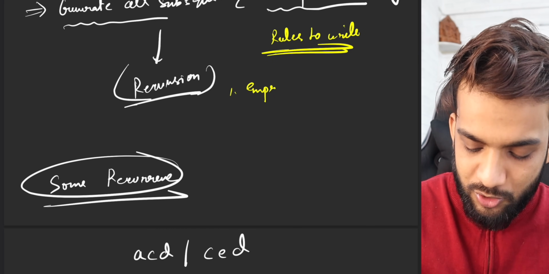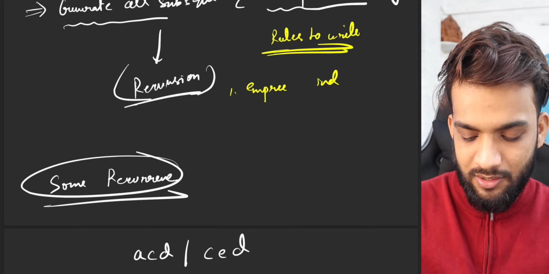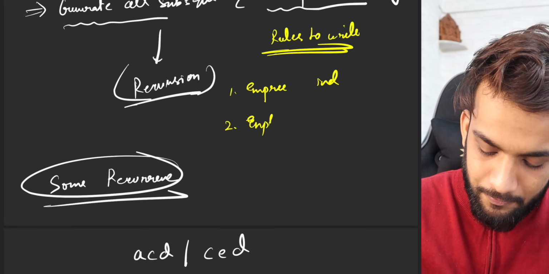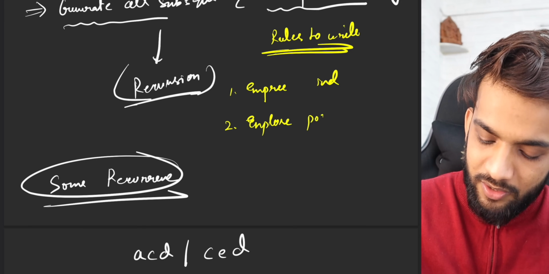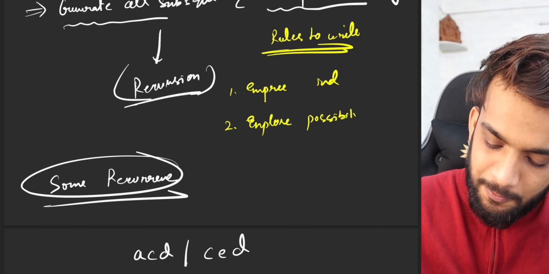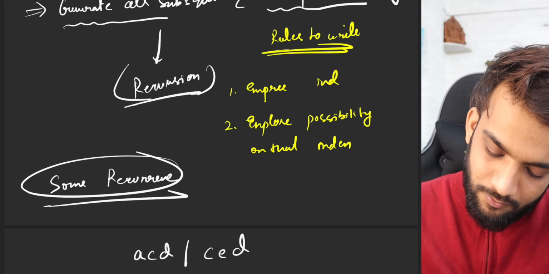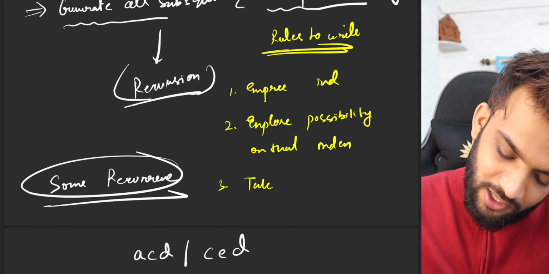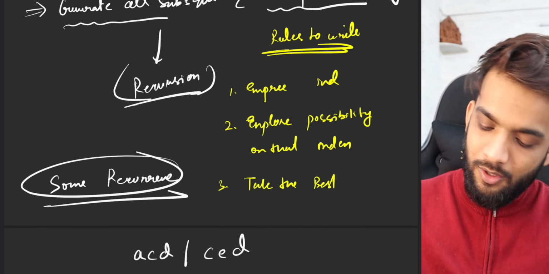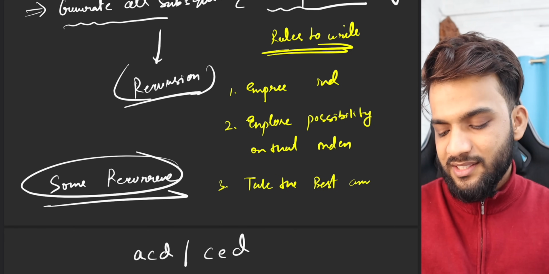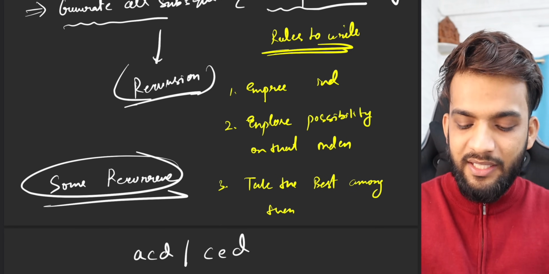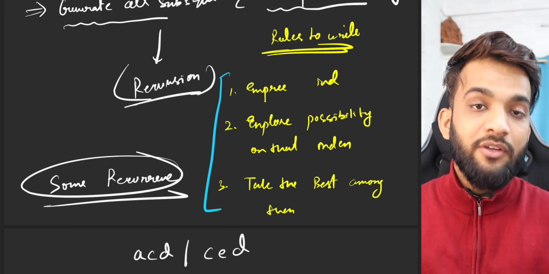Express everything in terms of indexes. Explore possibilities on that index. Take the best among them, because you're looking for the longest. These are the 3 rules that you generically follow.